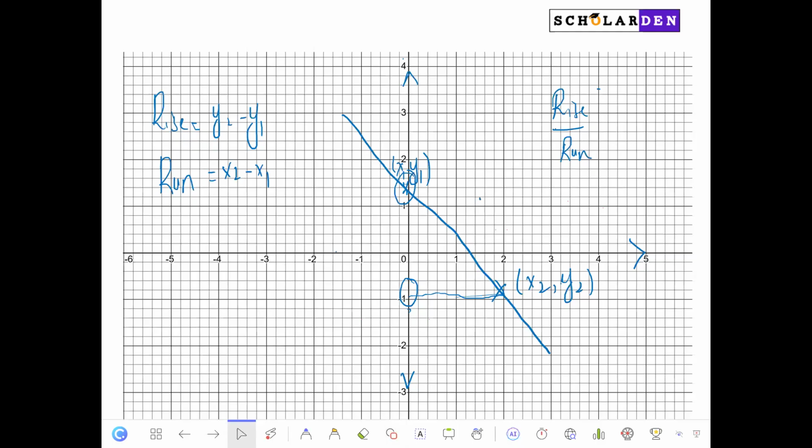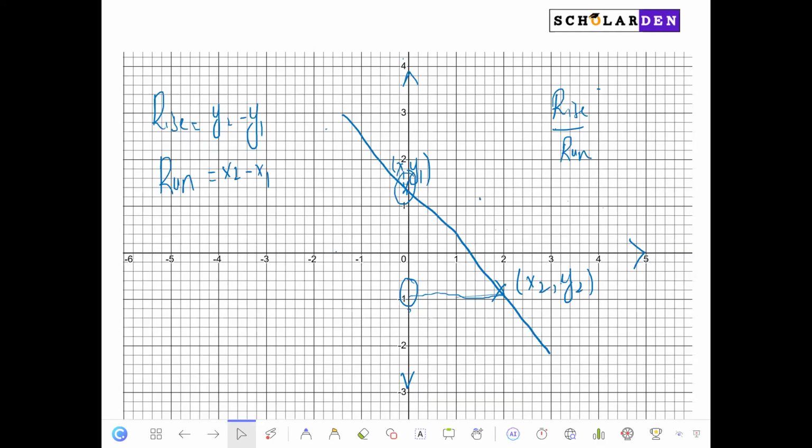Coming back to our point. What we were discussing was that in this case, y1 is going to be more and y2 is going to be less. Why? Because if you look at the y-axis, y1 is higher, y2 is lower.